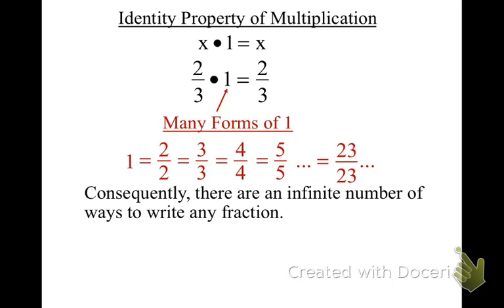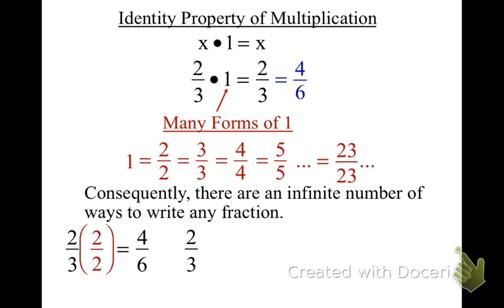Technically, there's an infinite number of ways we can write a fraction. What do I mean by writing this fraction? Let's say, for example, we take our 2/3. Now, we can multiply it by 2 over 2, which will give me 4 over 6, or we can multiply 2 over 3 by 3 over 3, and that will give me 6 over 9.